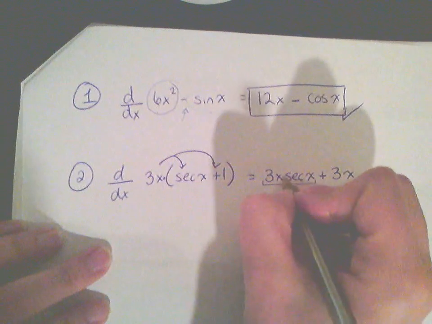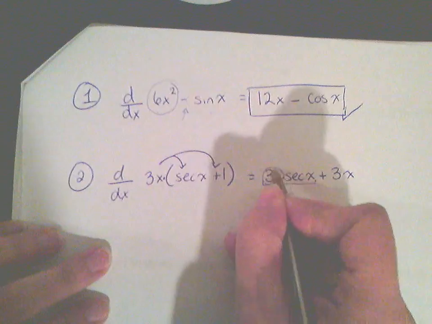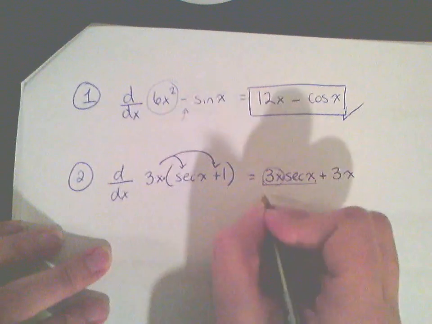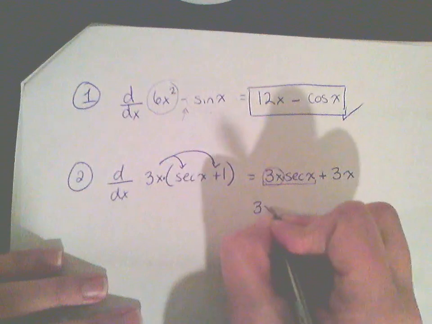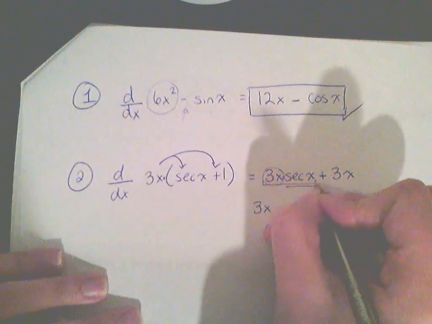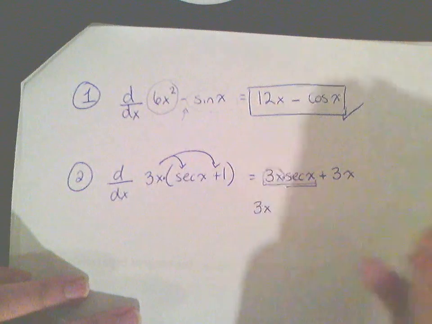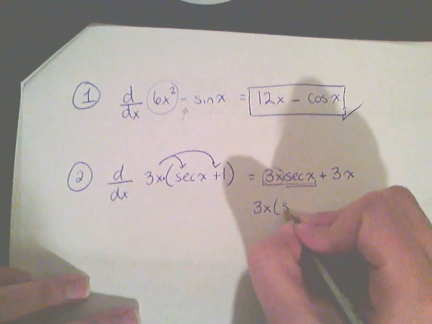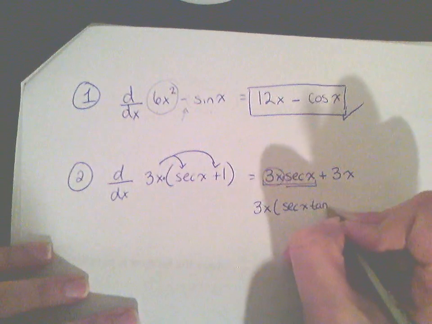So if you remember, it's going to be the derivative of the first guy, okay, or I'm sorry, the first guy, which is 3x, times the derivative of secant of x. And from our table, we know that the derivative of secant of x is secant x tangent x.